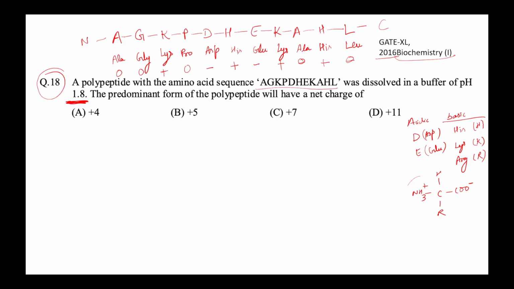If it is a basic amino acid, its N terminal and its R group will have this particular structure, which can be in protonated form or deprotonated form.